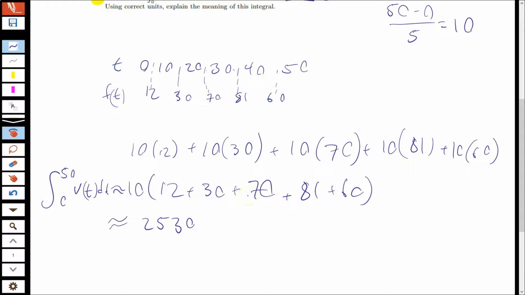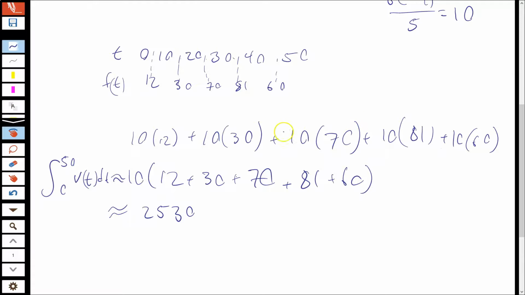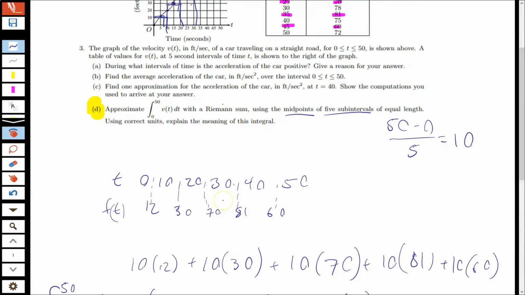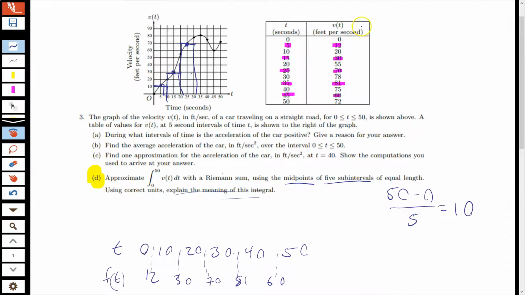The units on these matter, because part of what they're testing, as long as you know how to find each type of Riemann sum, is that you understand the relationship between the integral and the function that's given. So we need to label this, and notice it asks us to explain, using correct units, the meaning of the integral. I'll show you what they're looking for. Notice our v of t is in feet per second. The integral is the antiderivative.